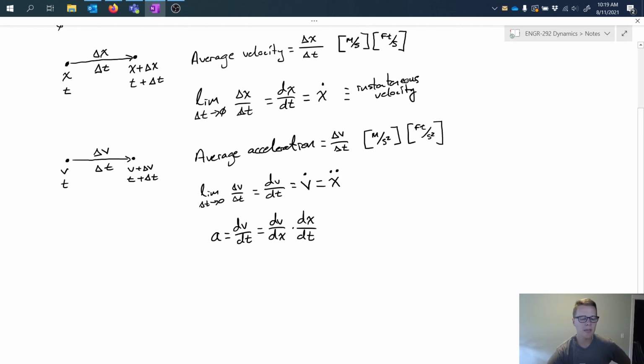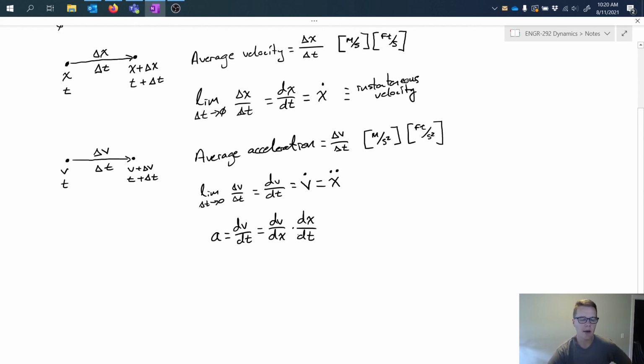Mathematically speaking, this is the exact same thing, right? Because if I multiply dv by dx by dx by dt, the dx's would cancel each other out, and I'd be left with dv by dt. So I haven't really changed anything mathematically in terms of what I'm writing.